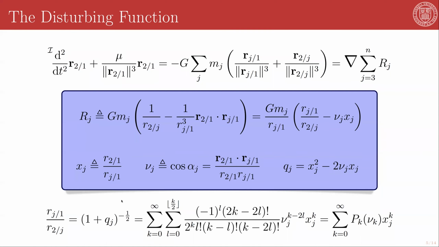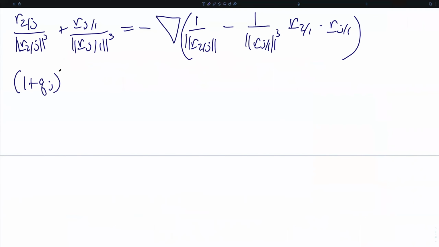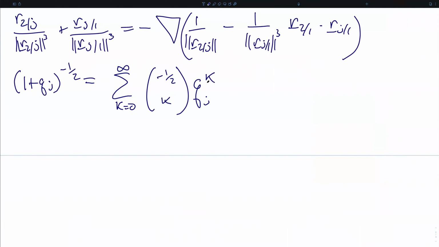So that looks like 1 plus q_j to the negative 1/2 power is the infinite sum for some dummy index k going from 0 to infinity of negative 1/2 choose k times q_j to the kth power.